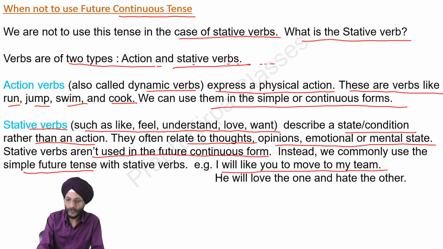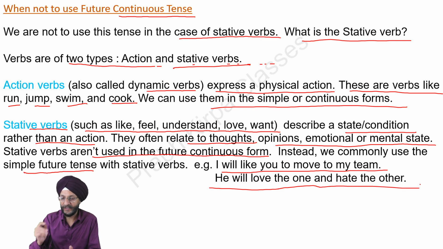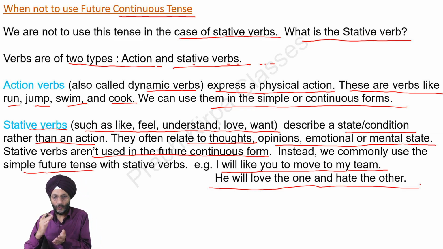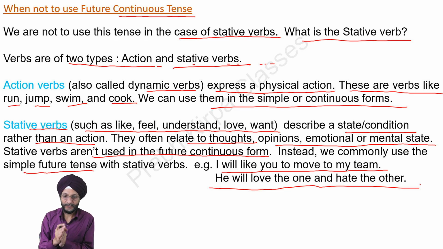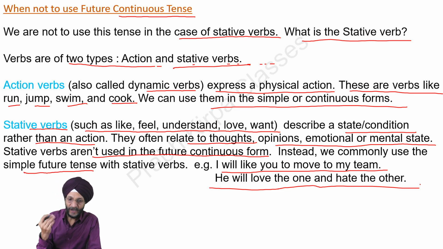In case of love, you can say, he will love the one and hate the other. That is, you are only using the first form of the verb and not adding ing in case of stative verbs. Stative verbs are not to be used in the continuous form, whether past continuous, present continuous, or future continuous.